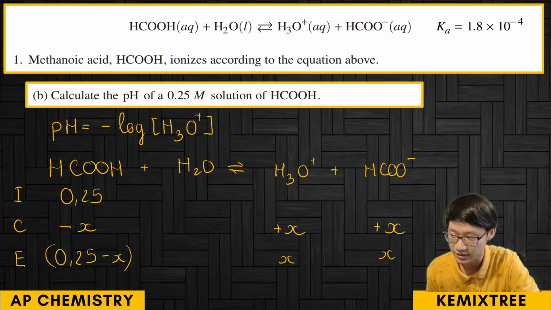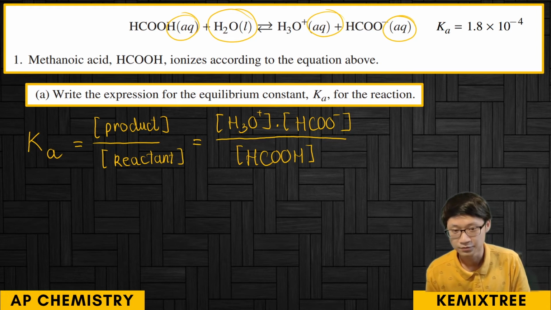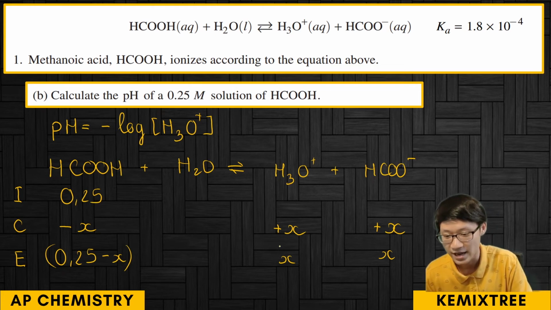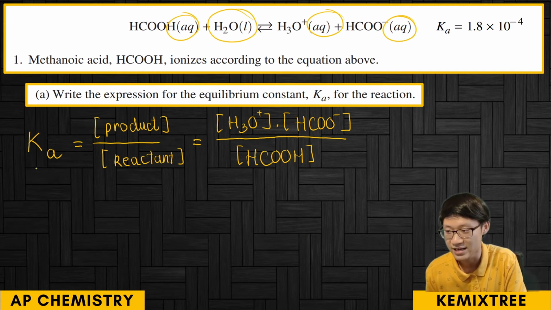In the previous section, we had the Ka. In order to calculate the concentration X, we are going to put every number that we found at the equilibrium state into the Ka.